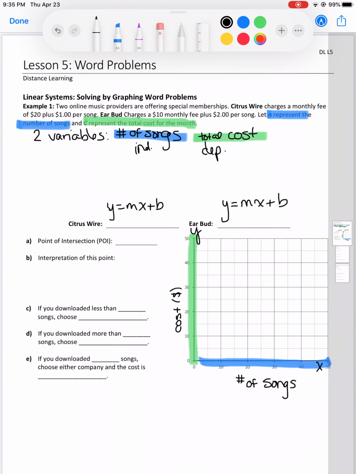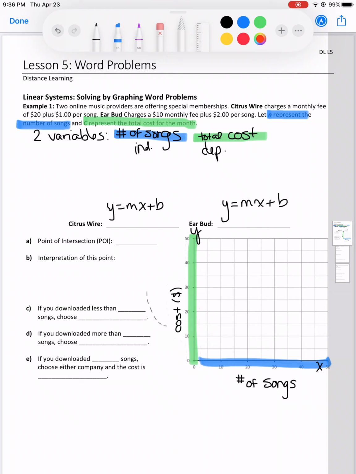We already have our two variables. C represents the total cost of the month. Okay? I'm going to use this thing to show you what I mean. C represents the total cost. We know C is right here, right?